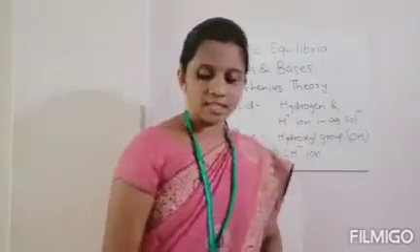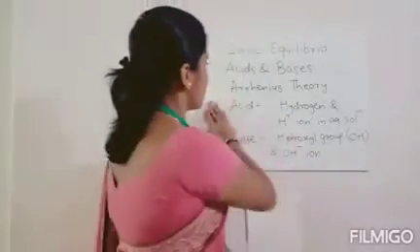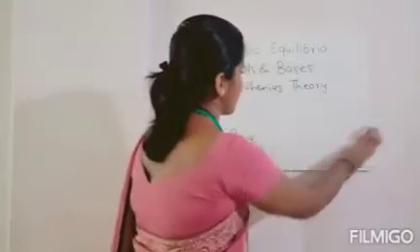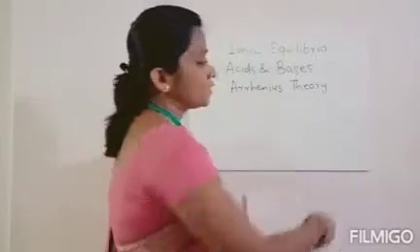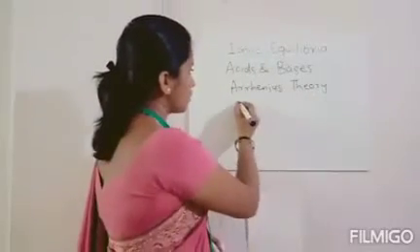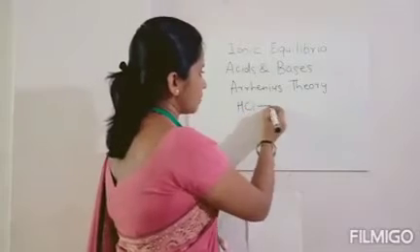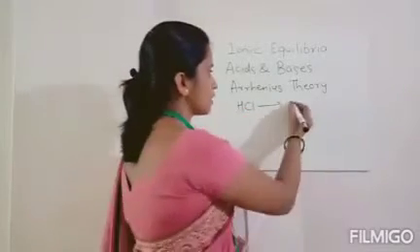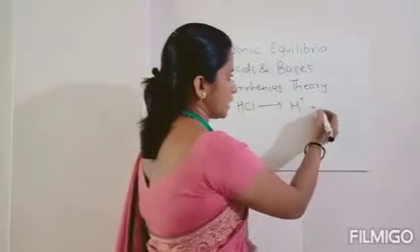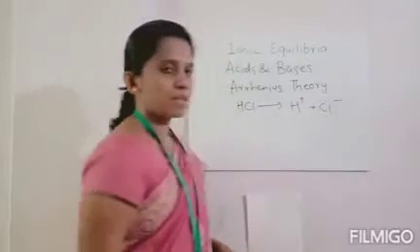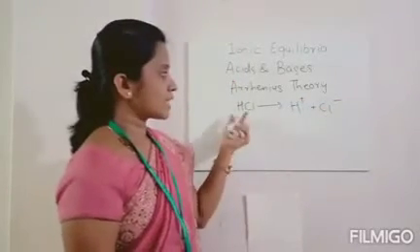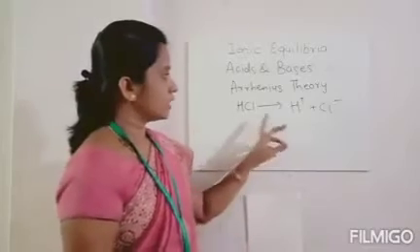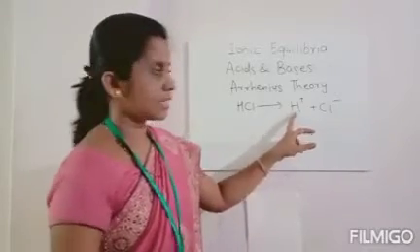So now we will see example for this. So for acid we can take example of HCl. HCl in its aqueous solution will give you H plus and Cl minus ion. So this acid contains hydrogen and it will give H plus ions.